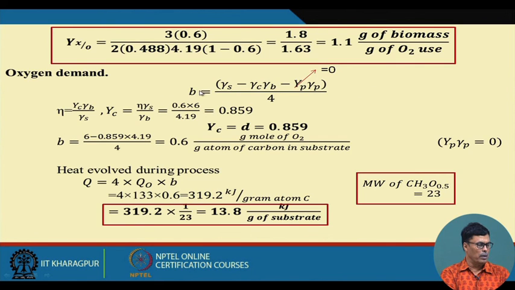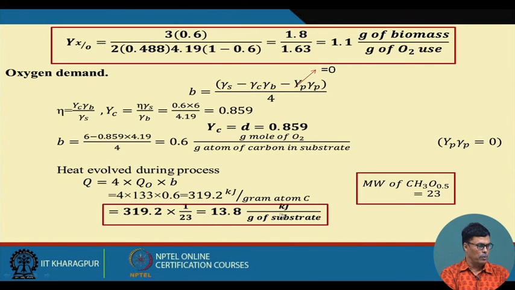The oxygen demand B can be calculated like this, and B is around 0.6 gram mole of oxygen per gram atom of substrate consumed. Now the heat evolved in this reaction is 4 into Q0 into B, that is 4 into 133 into 0.6, around 319.2 kilojoule per gram atom substrate.